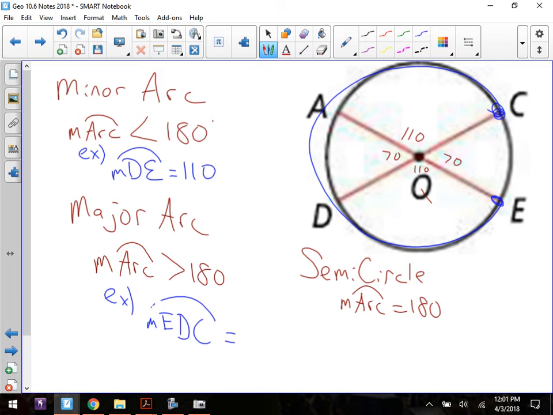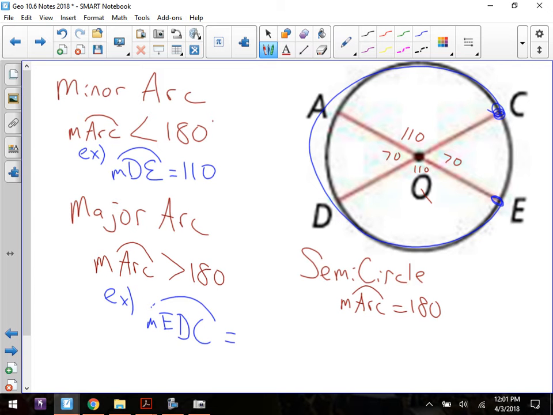In this case, since I know that I've got those 2 diameters, I knew what one of the angles was, just like with vertical angles before. I could have added 110, 70, and 110, or just take 360 and back out the arc that I'm not running into, the 70. I'll get the same result.